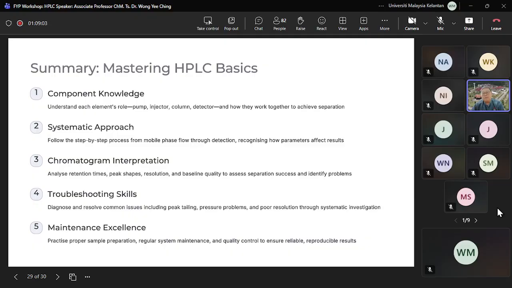That's why the lab assistant is quite busy when you want to run samples quite often, especially different types of sample from different supervisors, different FYP, different projects. Each and every time they need to flush everything out, make sure the column is clean enough for the next run for the next sample.